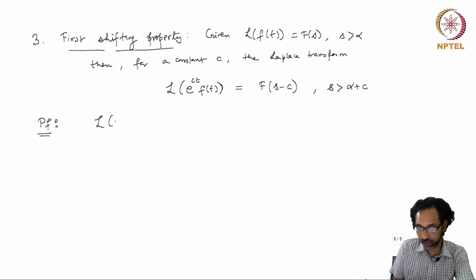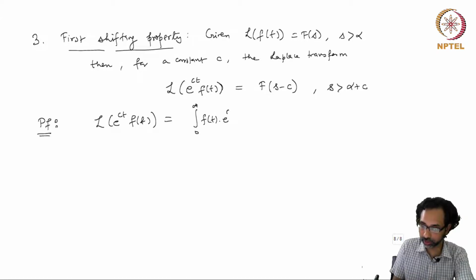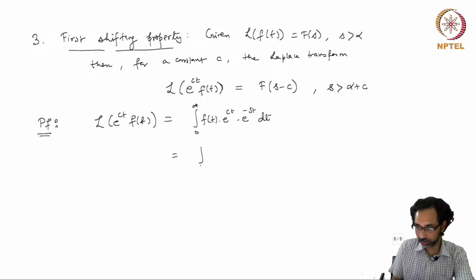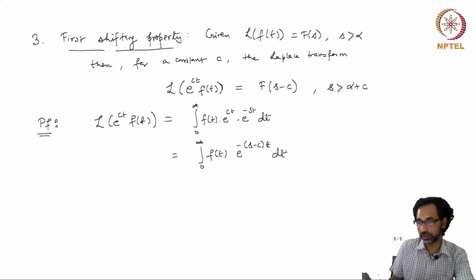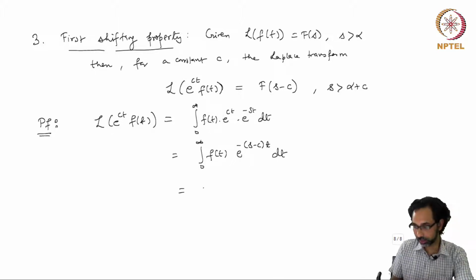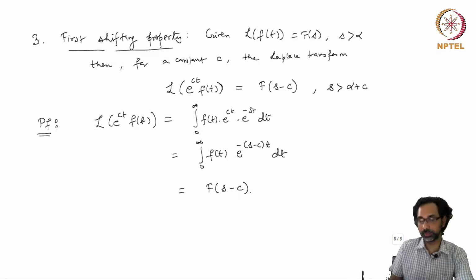So this is very easy to prove. We can simply write out the definition of the Laplace transform and it will follow from there. This is the integral from 0 to infinity of f(t) exponential ct exponential minus st dt, and this is simply f(t) exponential minus (s minus c)t dt, and this is nothing but the Laplace transform of the function f evaluated at the point s minus c.